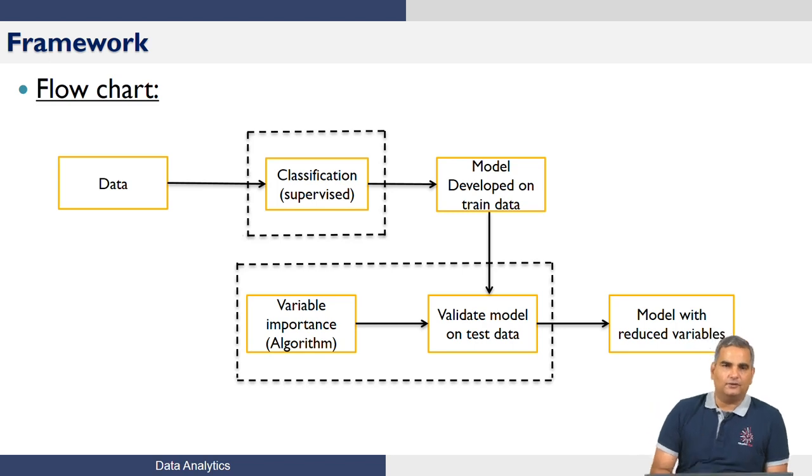If I were to ask you, pick one variable which is the most important for predicting this, what would that variable be? Then if I ask you, pick two variables which are important for predicting the salary level as less than or equal to 50,000 or greater than 50,000, what would those two variables be from these 12 input variables?